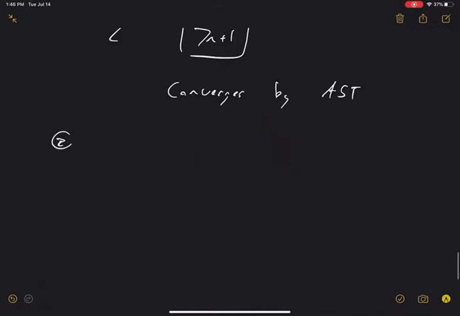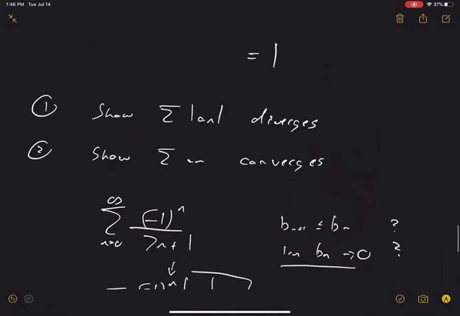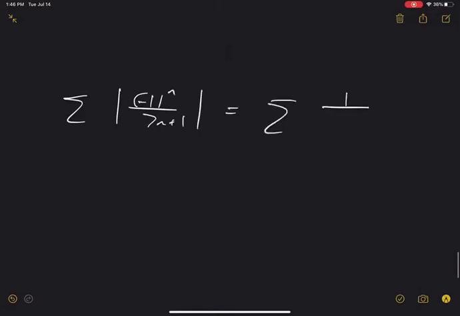Next, I need to do, let's see, we did 2. Now I need to do 1. Does the series of absolute values diverge? Okay, so I consider the absolute values. When I do that, the series just becomes 1 over 7n plus 1.